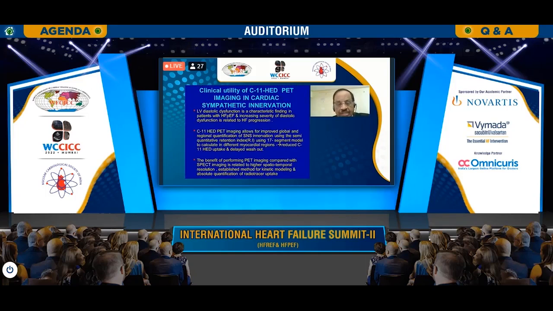LV diastolic dysfunction is a characteristic finding in patients with HFpEF, and increasing severity of diastolic dysfunction is related to heart failure progression. C11 HED PET imaging allows improved global and regional quantification of sympathetic nervous system innervation using a semi-quantitative retention index, RI, with a 17-segment model to calculate in different myocardial regions the reduced C11 HED uptake and delayed washout.